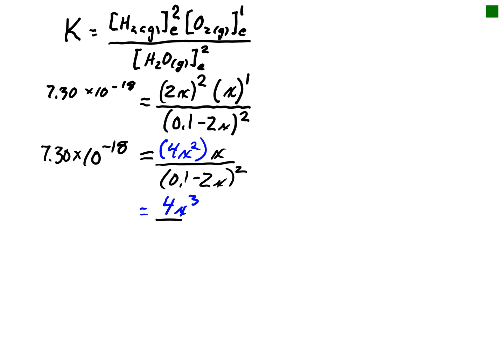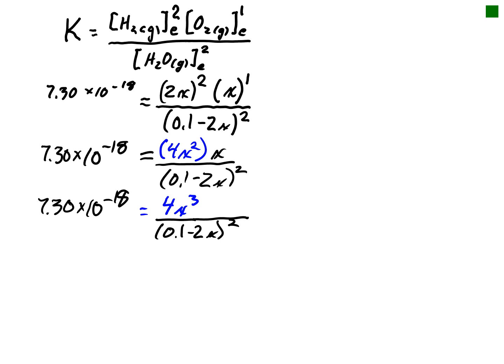And the rest of our expression stays exactly the same. The denominator is 0.1 minus 2x squared. And the left-hand side is still 7.30 times 10 to the negative 18. So the numerator is clearly not a perfect square. The denominator happened to be a perfect square, and the left-hand side, the value of K, is some really, really tiny number.